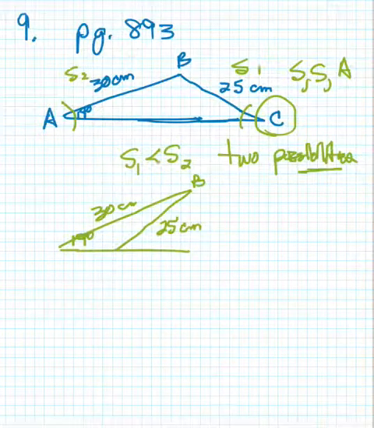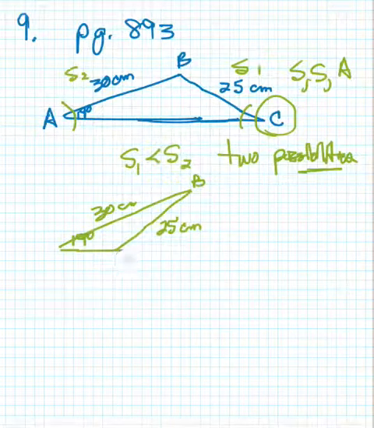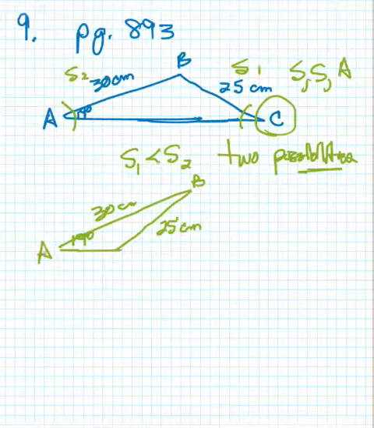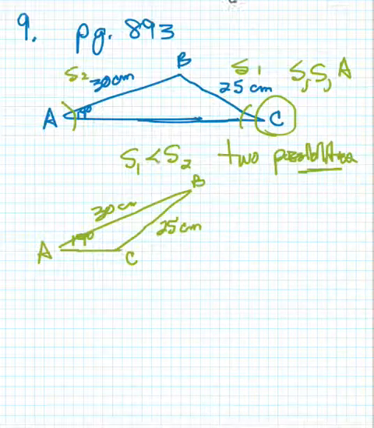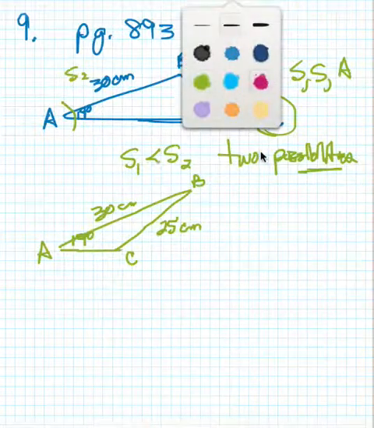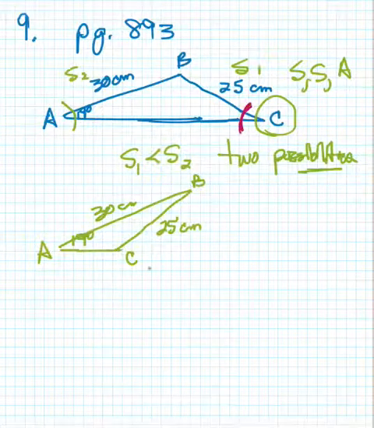Let me erase that little bit right there, and my triangle can be, this is A, this is B, and this is C. So you can see that C can be an acute angle, a cute little angle there, or C can be an obtuse angle.